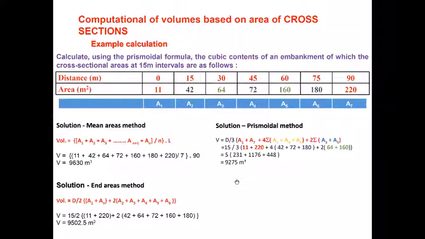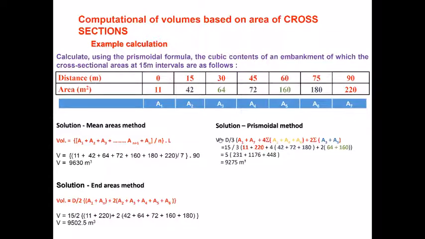In that method we have the equation, which is the sum of areas divided by n, the total number of areas that we are taking, and then we multiply it by the total length. This is different from the other equations, in which instead of the total length we take this d value, which is the distance between each strip.